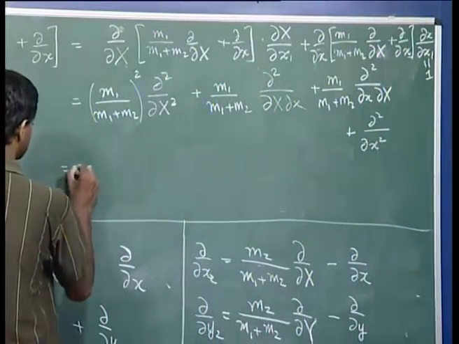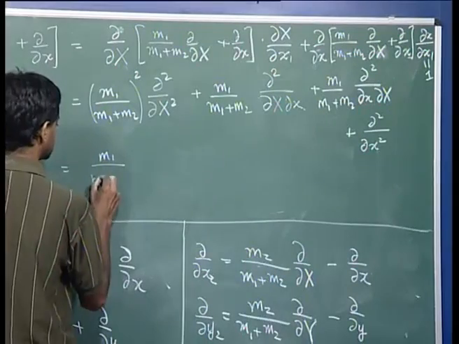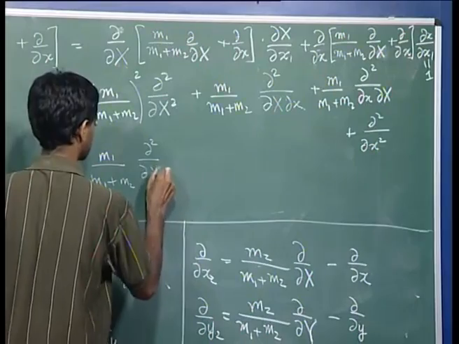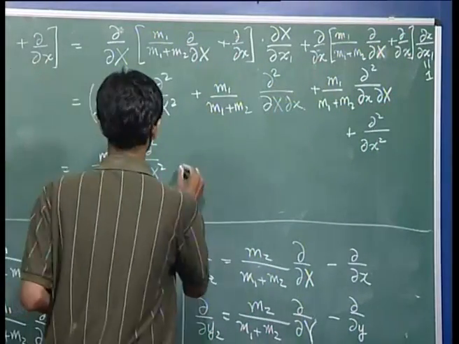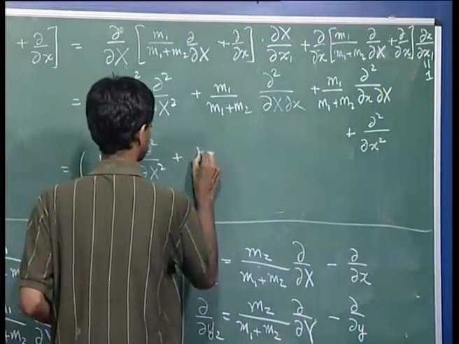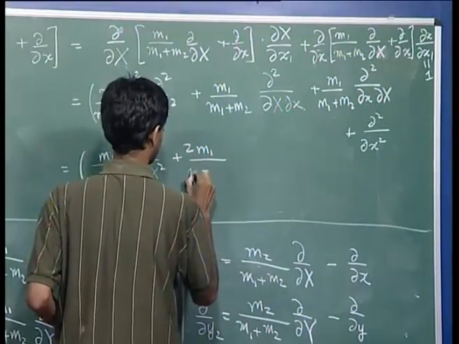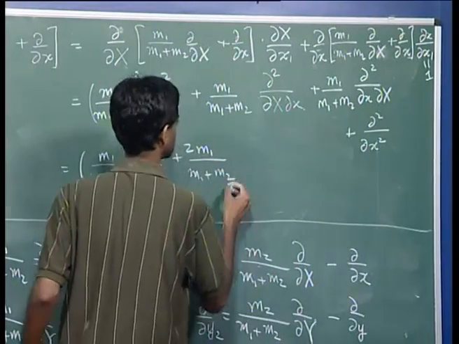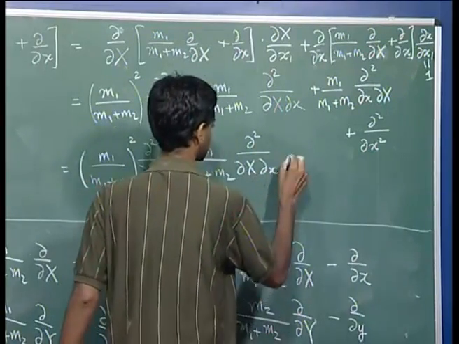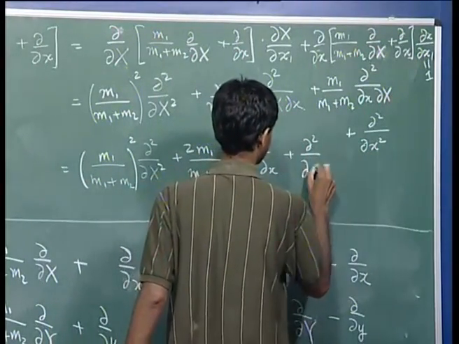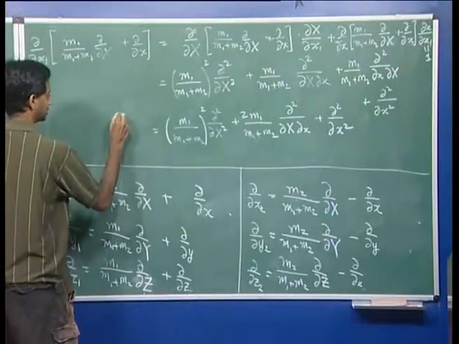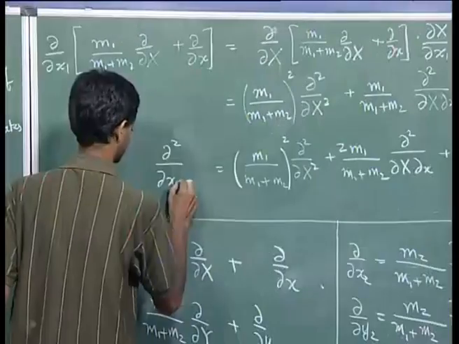So I can write this as m1 over m1 plus m2 squared dou squared by dou X squared, plus twice m1 over m1 plus m2 dou squared by dou X dou x, plus dou squared by dou little x squared. Okay, so this whole thing is equal to dou squared by dou x1 squared.